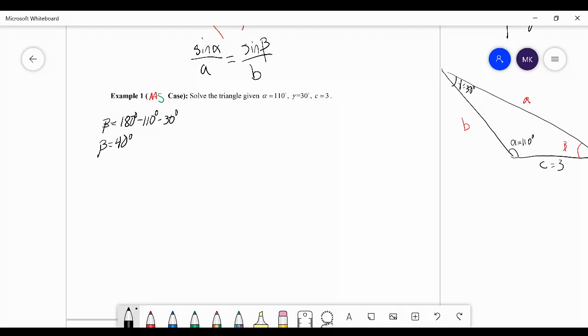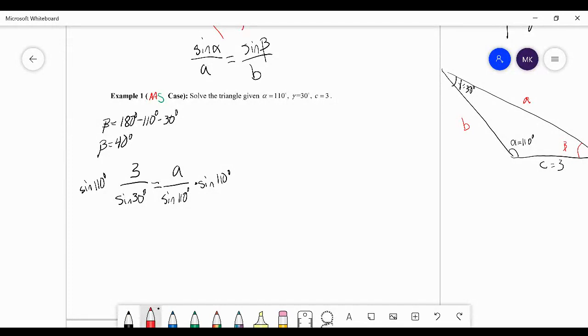So I set it up to get the equation 3 over sine of gamma, sine of 30 degrees, equals A over sine of 110 degrees. Now, the reason this is nice is because to get A by itself, all I have to do is multiply both sides of the equation by sine of 110 degrees.